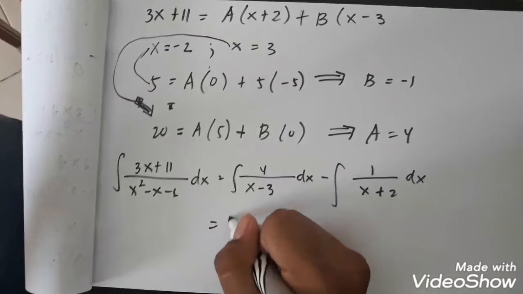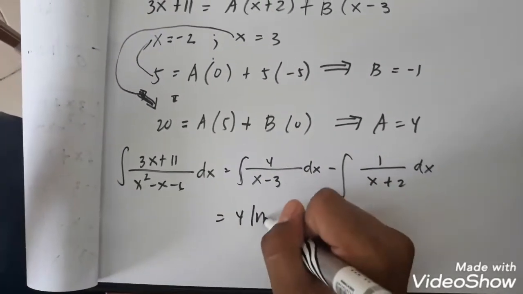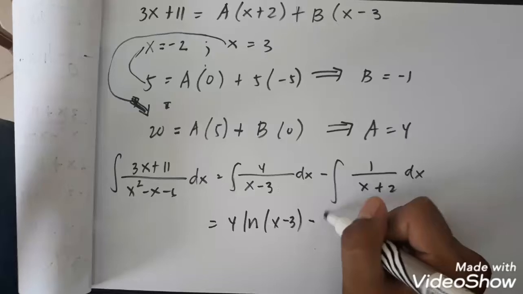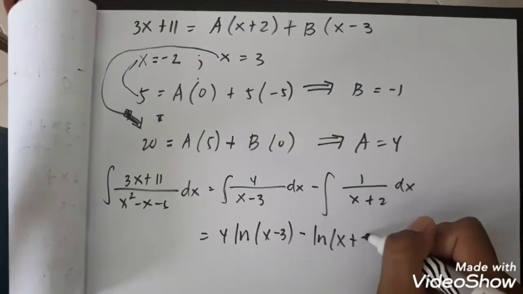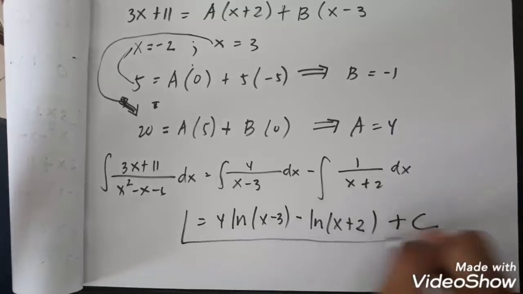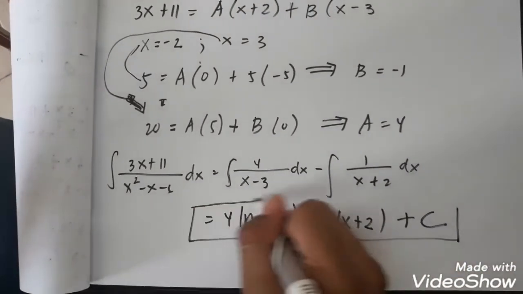So the answer would be 4 ln|x minus 3| minus ln|x plus 2| plus c. So this will be the answer.